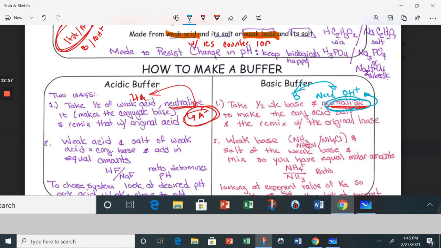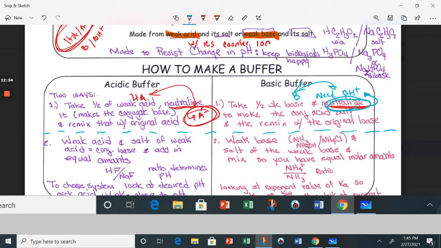And I'm going to just do this little dash across the line because these are 2 separate methods to make buffers. The second method, listed as number 2, is that you're allowed to go into a stock room and take what you want. A lot of times they list a ton of chemicals. They say you go into your stock room and you have all these chemicals.